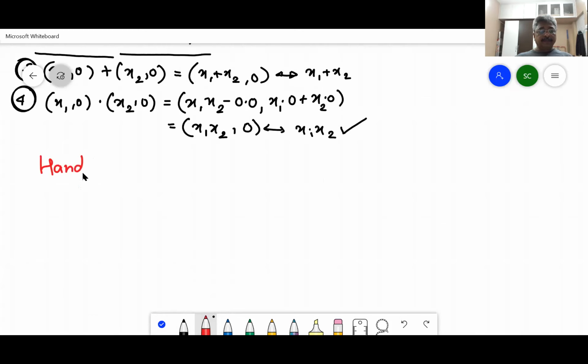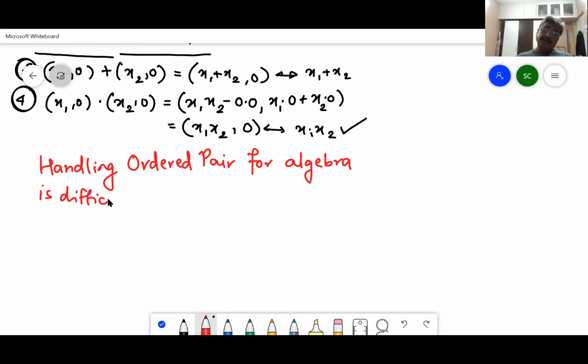Now, the next thing that we would like to do is, every time handling this ordered pair for algebra is difficult. Therefore, we should get some additional versions of representation of complex numbers, which will help us in doing addition, multiplication, or many different operations in algebra.